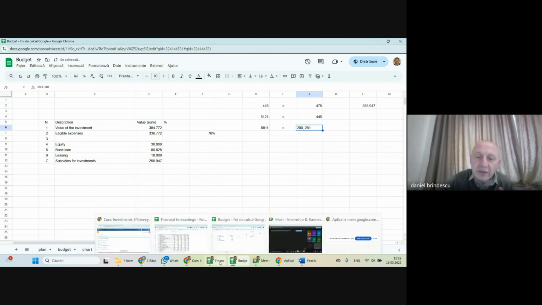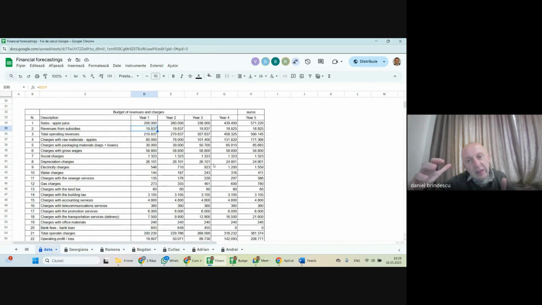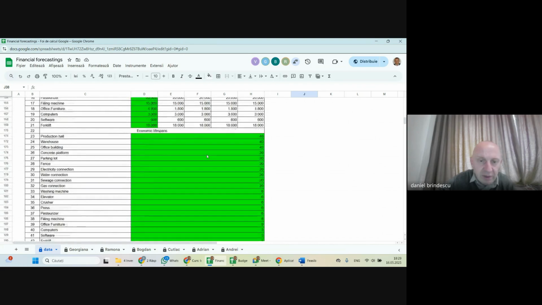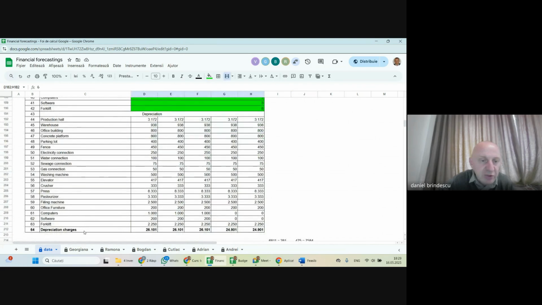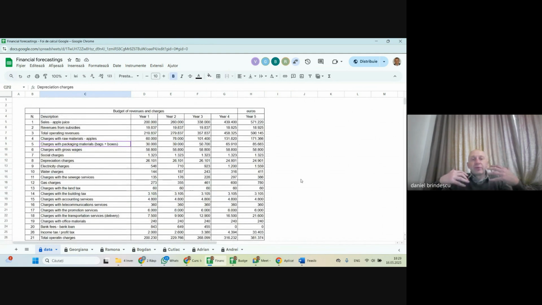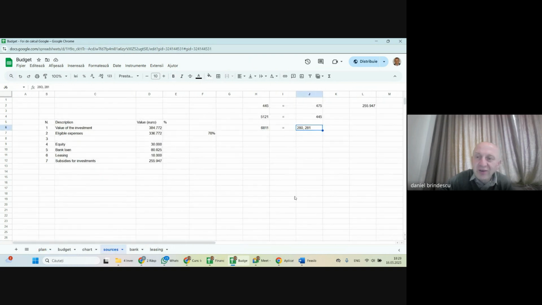So during the operating period, we register the depreciation charges, and we've estimated them right here. Now, when recognizing the depreciation charges, at the same time, we are registering the revenues from the subsidies.